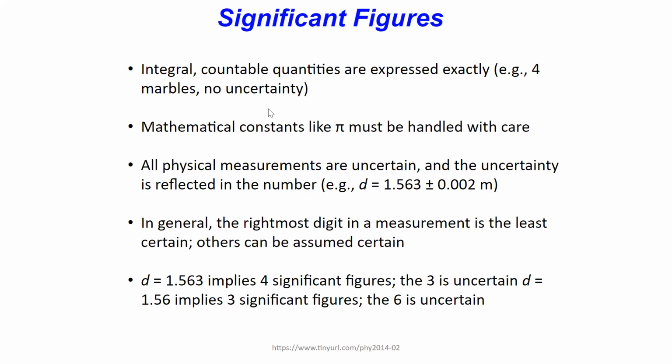So the last digit is not certain, but it's still significant. It counts as 1 significant figure there, so you have 4 significant figures. In general, that digit is least certain; the other ones are certain. I think we covered the last item there as well.